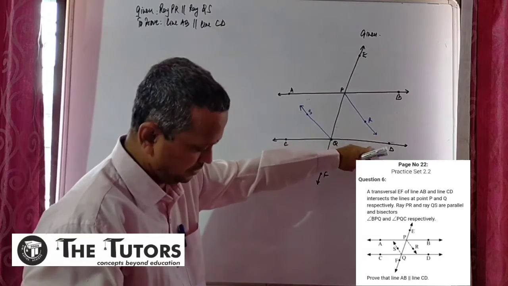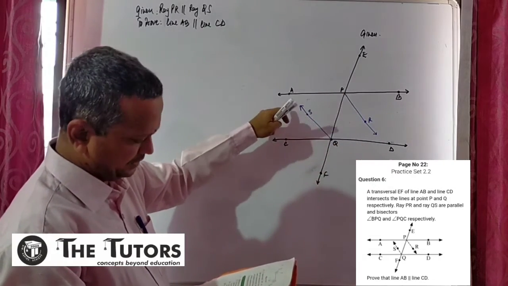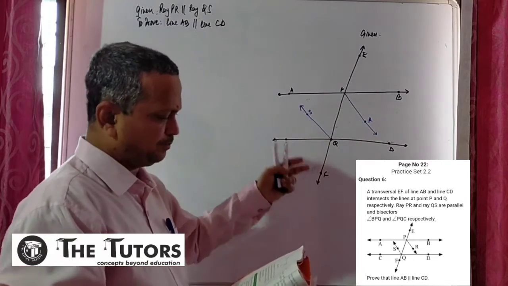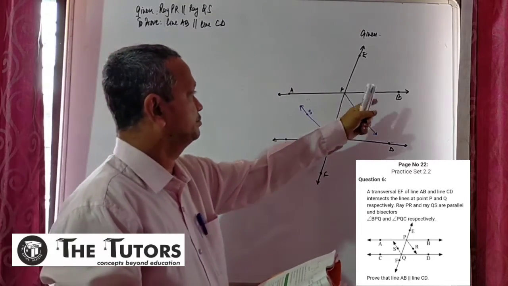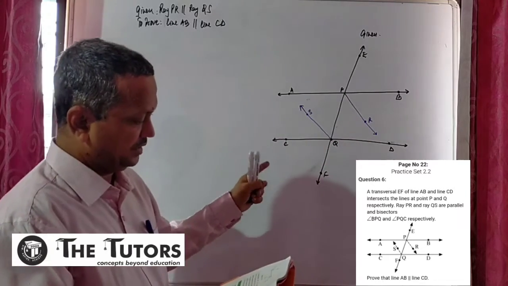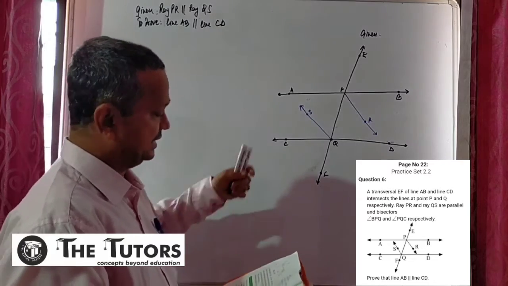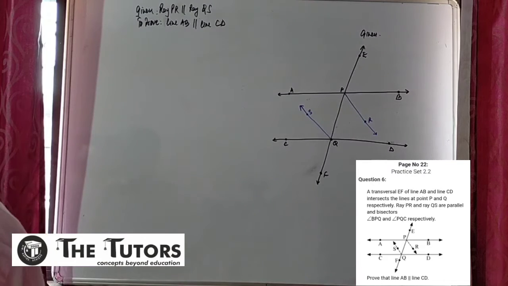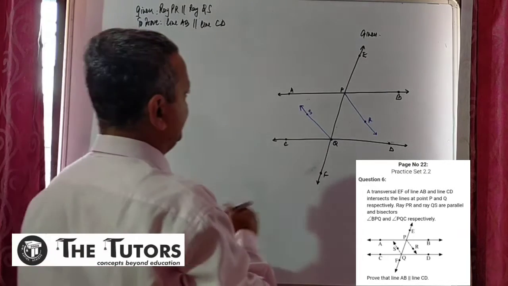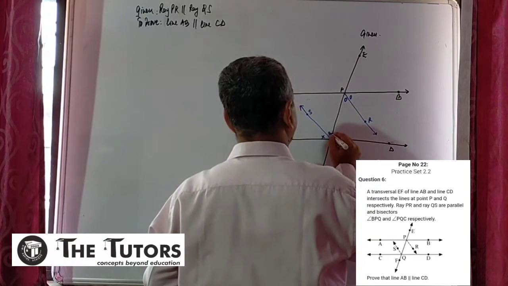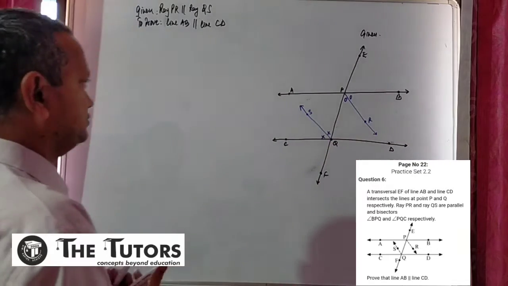Ray PR and ray QS are parallel as well as bisectors of angle BPQ and PQC respectively. To prove that line AB is parallel to line CD. This is again a bisector. We just name it, one with 0 and one with x, we are going to name this.